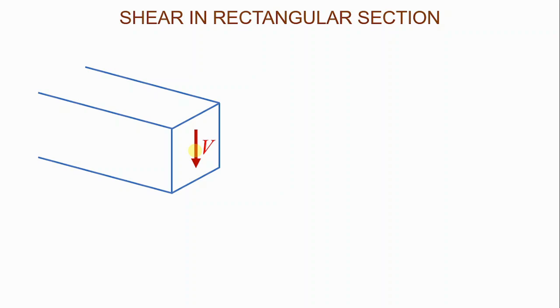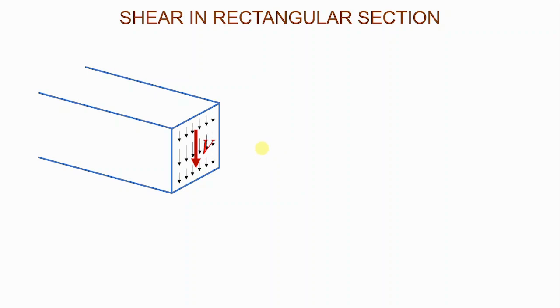So you plotted your shear force diagram, and at this particular location, you found that the magnitude of the shear force there is V. Because the shear force is acting down, the shear stress that will arise due to that force will also be acting down.